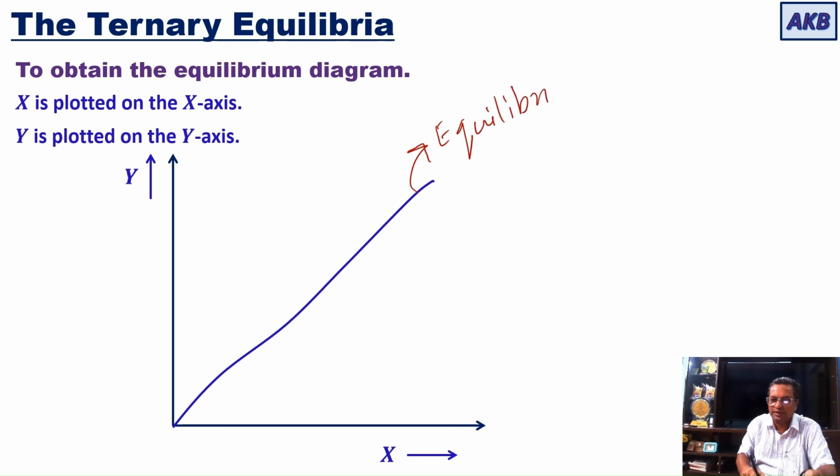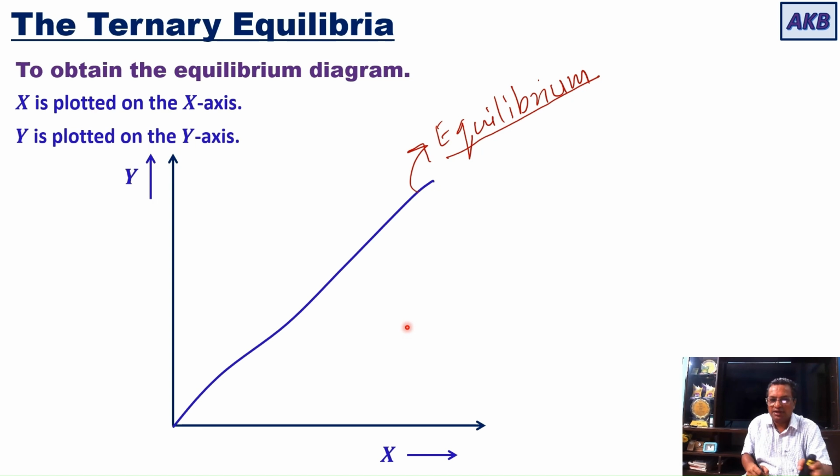So in this way, you can represent the ternary equilibria in terms of weight fractions of the solute on a solute-free basis. You just have to plot weight fractions in the extract phase versus weight fractions in the raffinate phase. Of course, these weight fractions will be on a solute-free basis. So you'll be getting a curve like this.